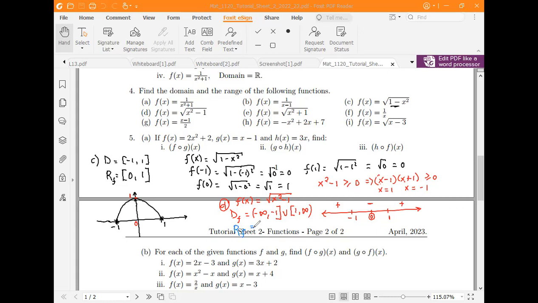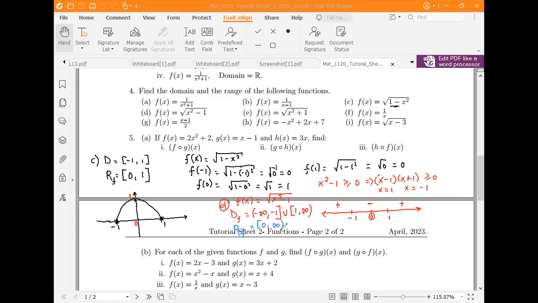It's possible that if you use 1 or negative 1, you can get a 0 there. So the range is 0 all the way up to positive infinity. Like that. That is how you get the range.